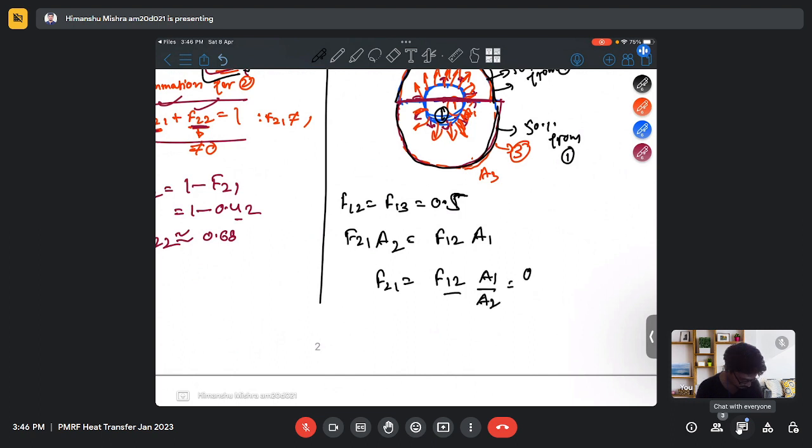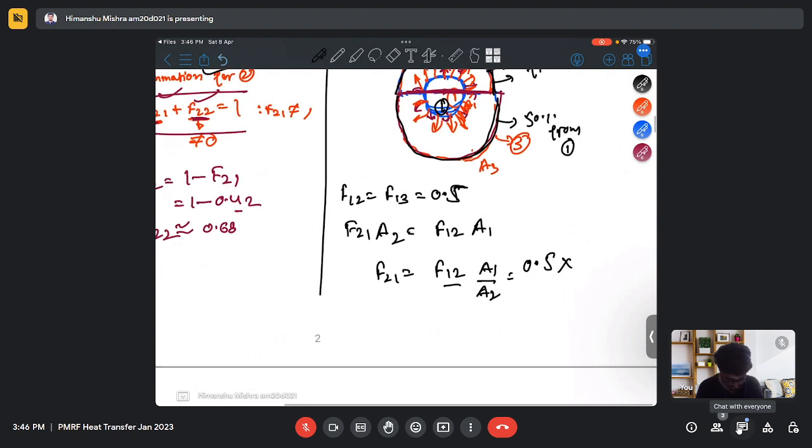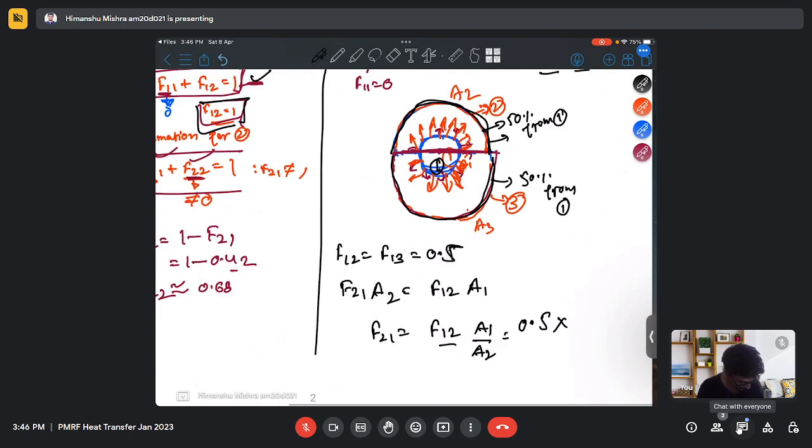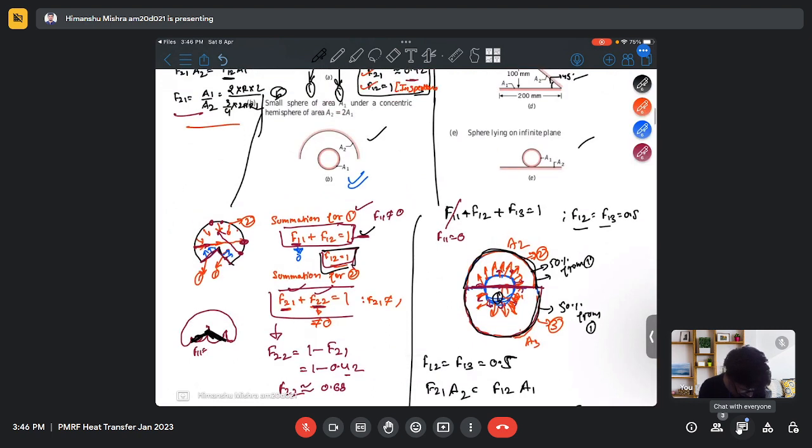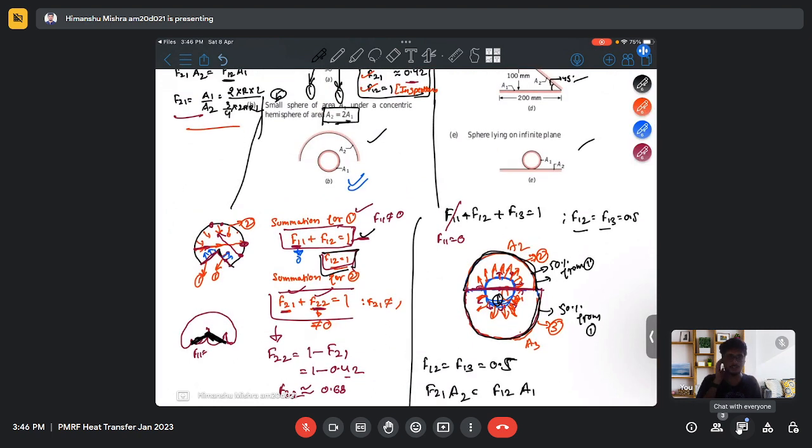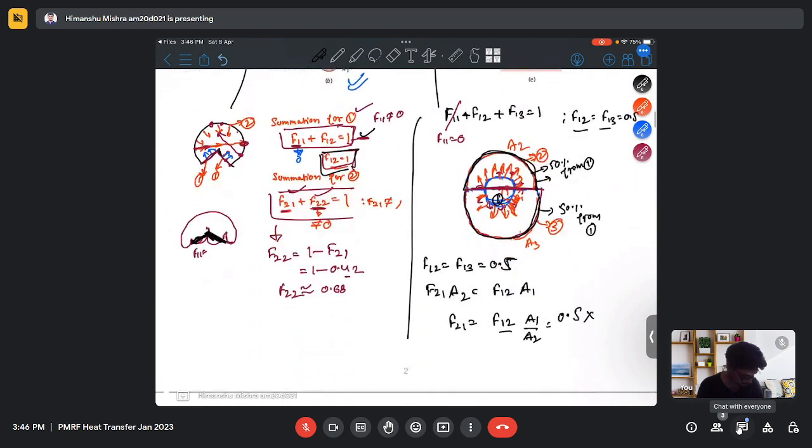My A1 is... I have given the relation A2 equals 2 A1, which means A1 by 2A1, 0.5 by 2. So my F21 will be 0.25. So my F21 is 0.25 and my F12 is 0.5.